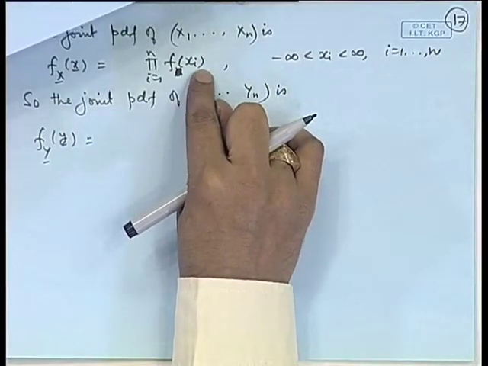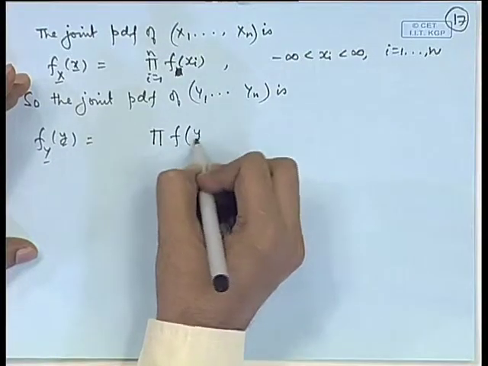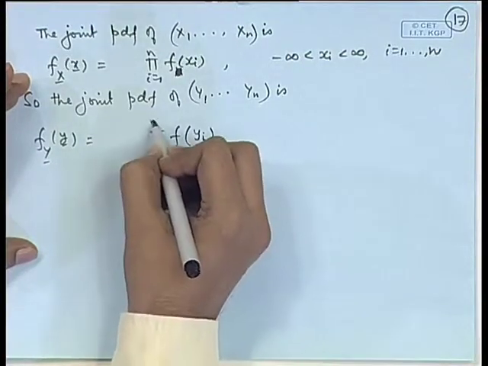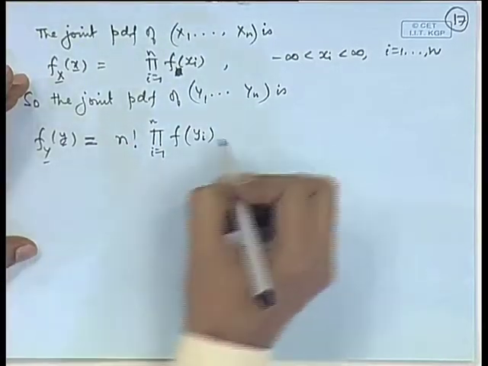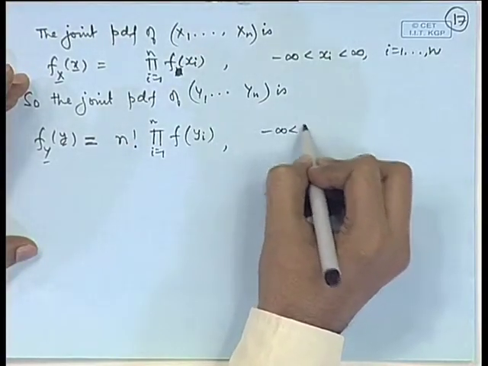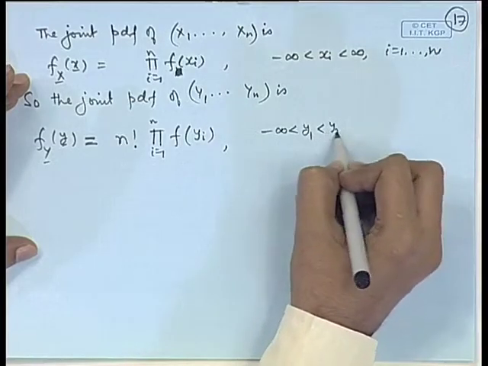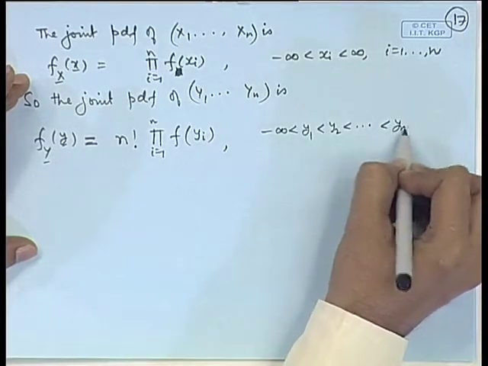Since it is the product of all these terms, it will always give the total product of f of y 1, f of y 2, f of y n. So, this becomes the product of f of y i, i equal to 1 to n, and we have n factorial regions. So, it is n factorial times, and the region is y 1 less than y 2 less than y n.